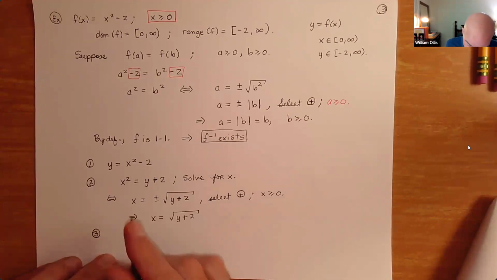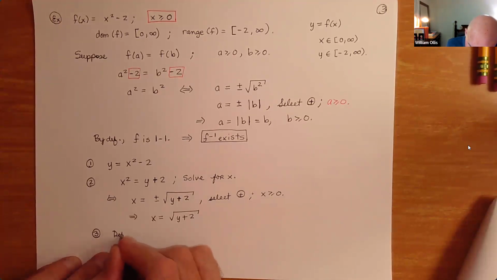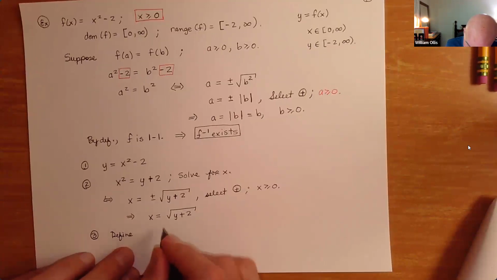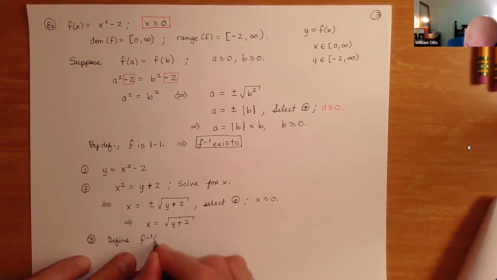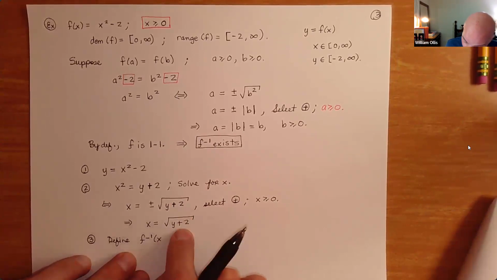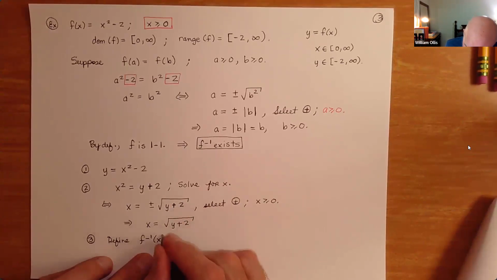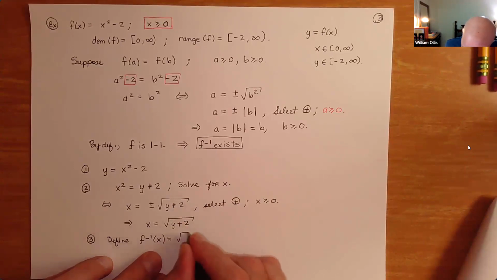So now we define, in this case, f inverse of x. Again, we interchange now in our formula to be the square root of x plus 2.